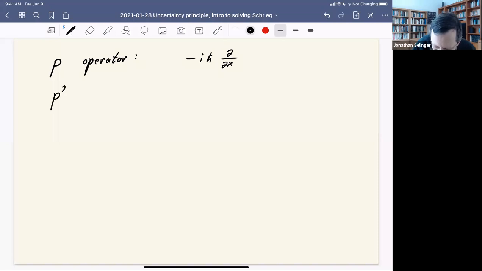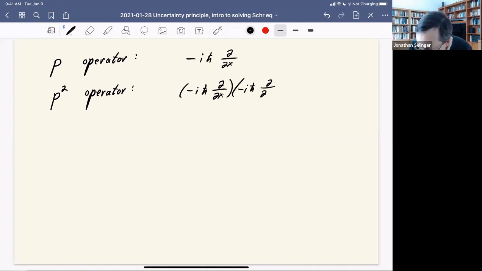So the momentum squared operator that we stick into the integral sandwich to get momentum squared, average, is two of these things, minus i h bar d by dx minus i h bar d by dx, right?